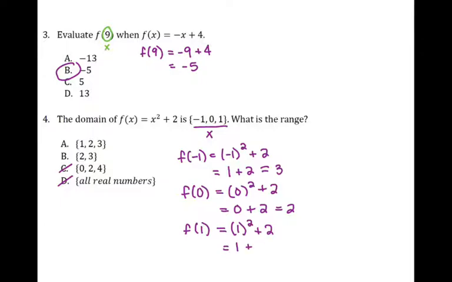Oops, sorry, got ahead of myself. 1 plus 2 is 3. So that means my range values are 3, 2, and 3. So the correct answer is letter B. Now, anytime you're listing domain and range, you do not list the same value multiple times, which is why you do not see a set that has 2 3s.